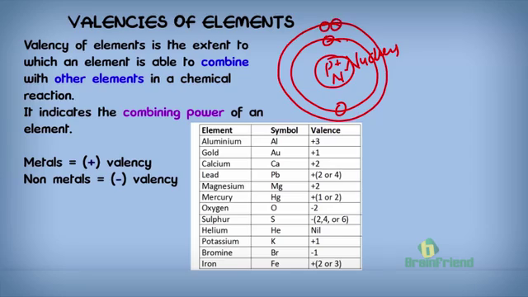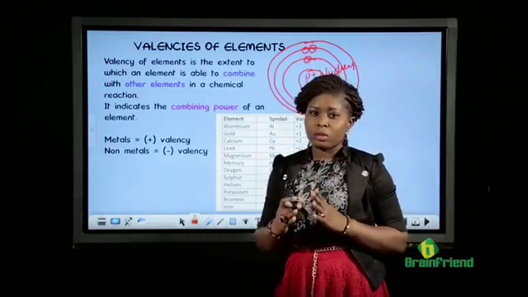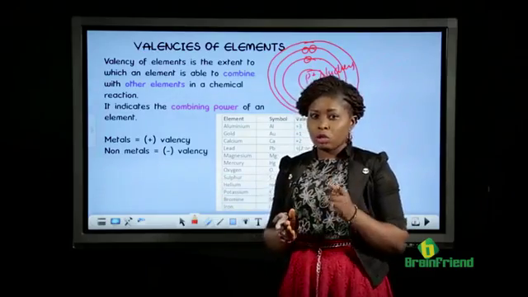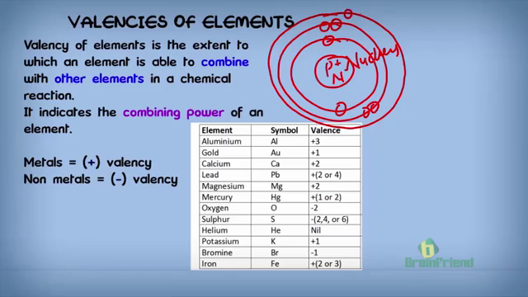And there are also electrons found there. And an atom can go on to have as many shells as possible. Then, it's important for us to note at this point that when an atom or an element wants to go into combination or bonding with another element, it does so with electrons found in its outermost shell.